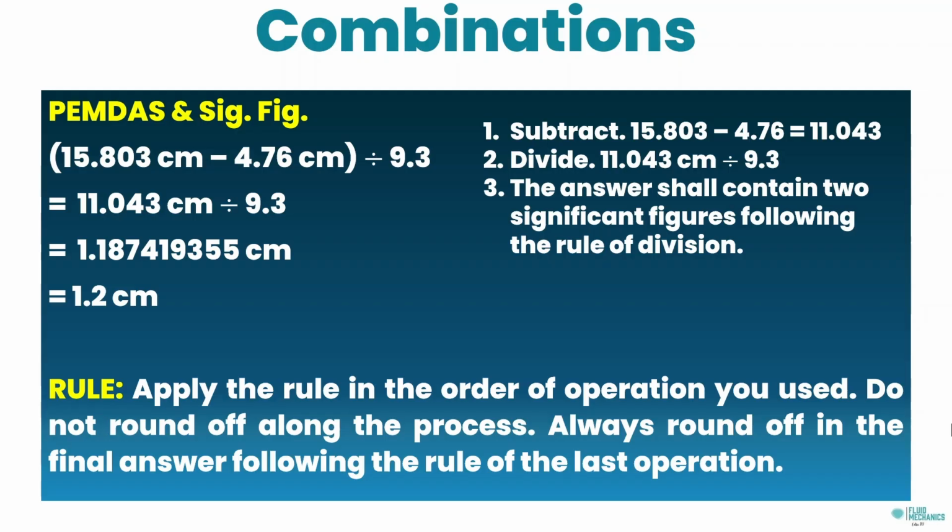After that, divide by 9.3. And the last operation is division. So we have to follow the rules of the last operation. The last operation is division, so we're looking for the fewest significant figure now. 11.043 has 5, 9.3 has 2. Therefore, the final answer must only contain two significant figures.